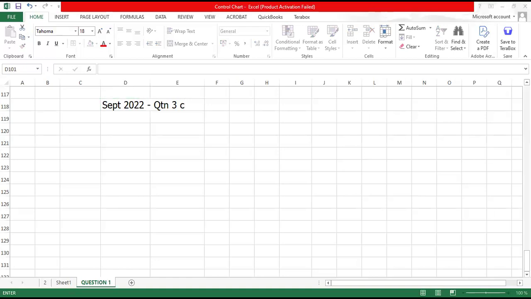Question 3 part C. Which screen are you seeing? Excel.